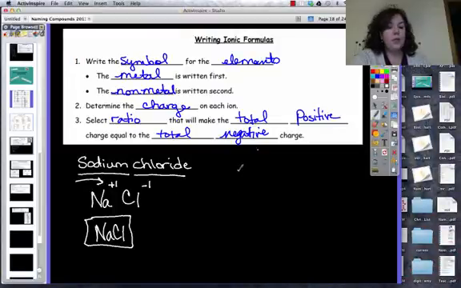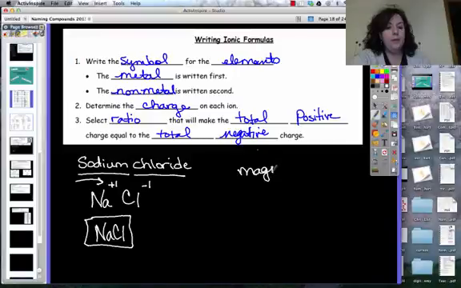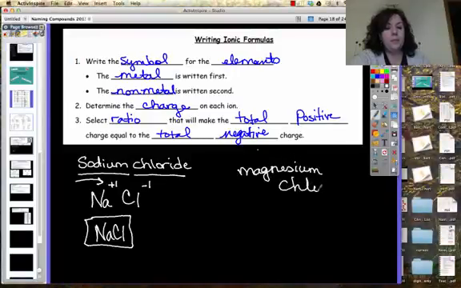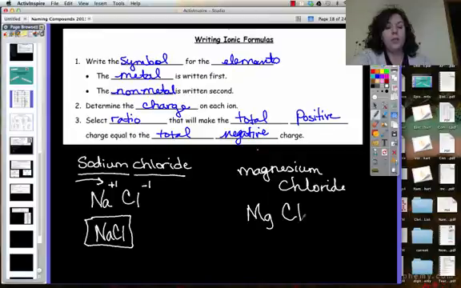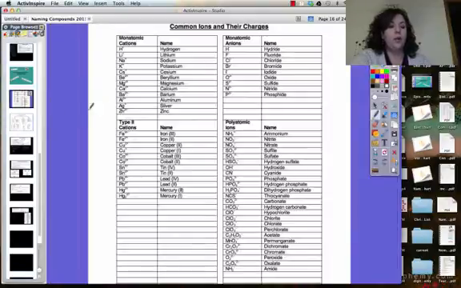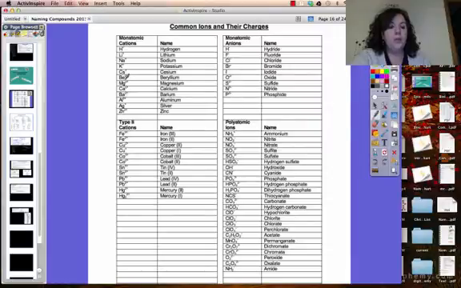And if we look at the next one, we have magnesium chloride. So magnesium would be Mg. Chlorine would be Cl. If we go back and look at our chart, Mg is right here. It's a +2. Cl is still a -1.